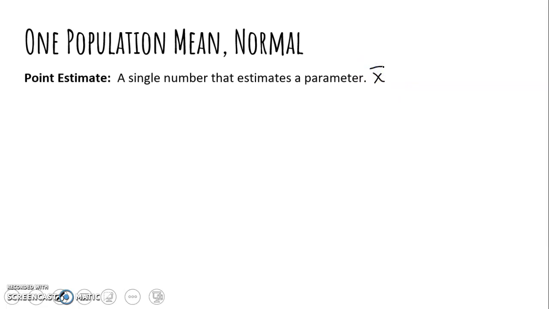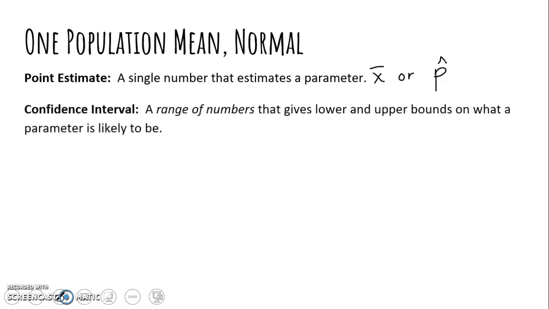A parameter is a population mean or population proportion, a number that describes a population. So if we're trying to estimate the population mean, we're going to use the point estimate, which would be the sample mean, which is x bar. Or we will use something called p hat, which represents the sample proportion. More on p hat later.